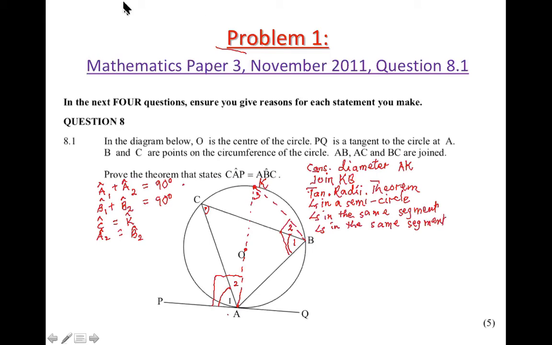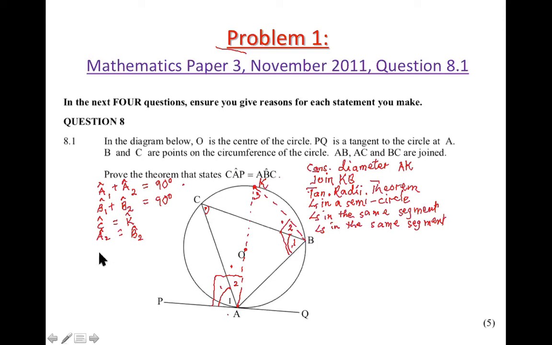Now, what we are doing is making sure that we have all the theorems. So remember when you're proving this, two pairs of angles for 90, and another one for angles in the same segment. Now guys, look at this. I want to show you something. If the whole of this angle is equal to 90, and the whole of this angle is equal to 90, and we say this angle here is equal to this angle here, then obviously this angle B1 is also equal to angle A1.